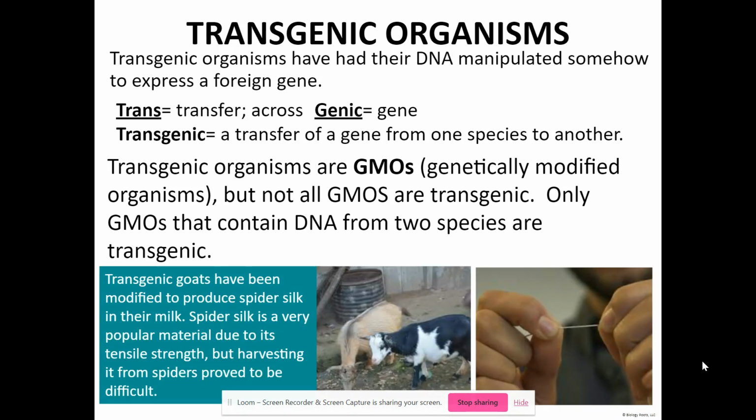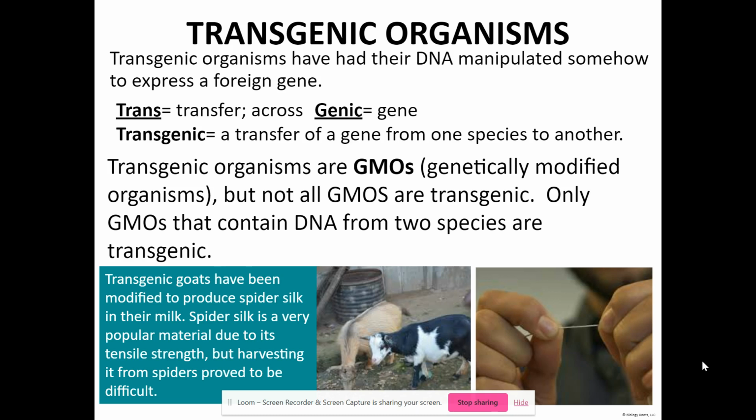So here you see an example of a transgenic species. All right, so I'm just going to read this with you. Transgenic goats have been modified to produce spider silk in their milk. So some people call these spider goats, but that doesn't mean that they have 8 legs.